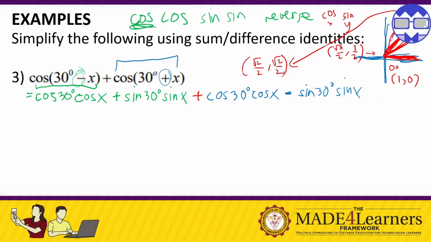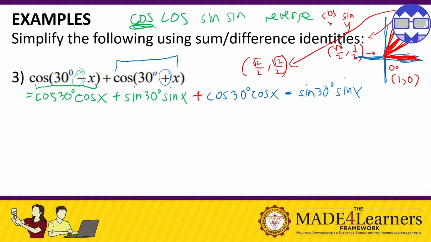Then for 60 and 30, they are actually related, so it will be the reverse.